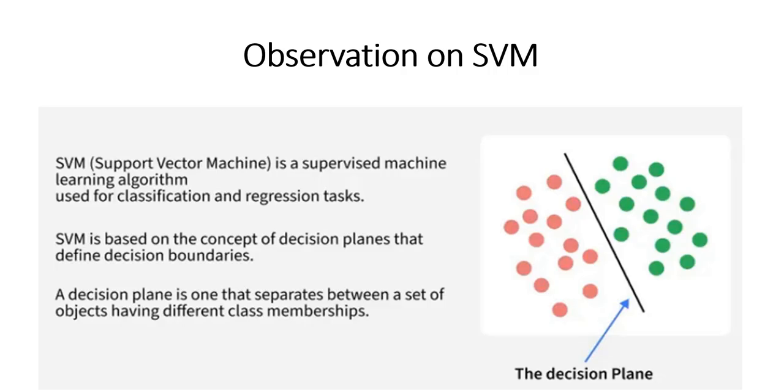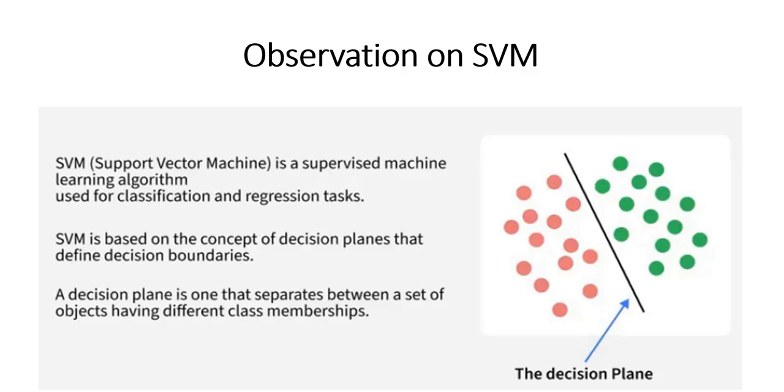By the end of this video, you will understand what is SVM, how does it work, what is a decision boundary, and where is SVM used in the real world.